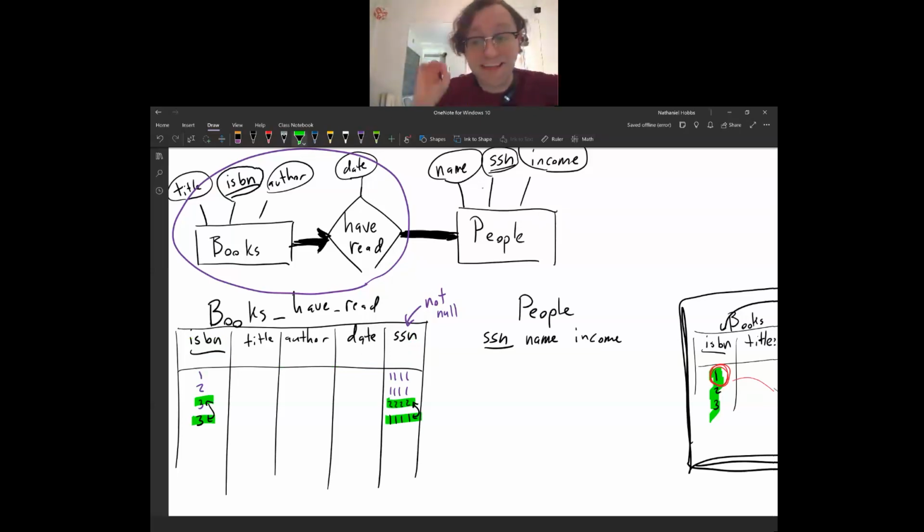Again, it's because this says books are read exactly one time. And if you make that a composite key, that would allow for books to be read more than once, that we don't want. So instead, if we make ISBN the only key, then if I wanted to add this book here again, that would conflict and not be allowed, which is what we want in this case. Okay.